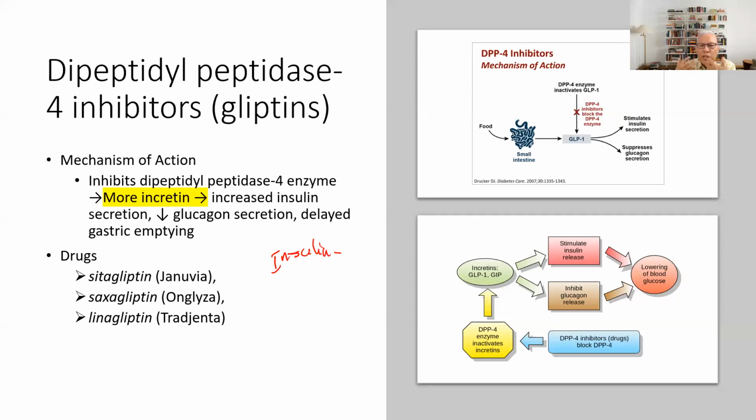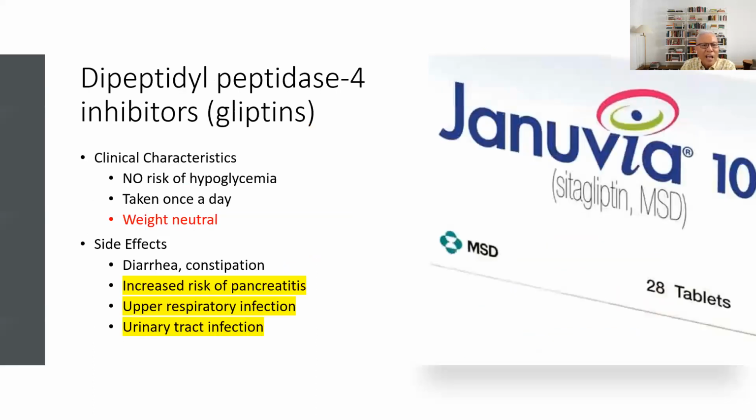And so when you inhibit DPP4, there's going to be more of the incretin available. So these medications are the gliptins. So when you hear of anything that ends with gliptin, then you are going to know that this is a DPP4 inhibitor. An example of that is sitagliptin, which is Januvia.